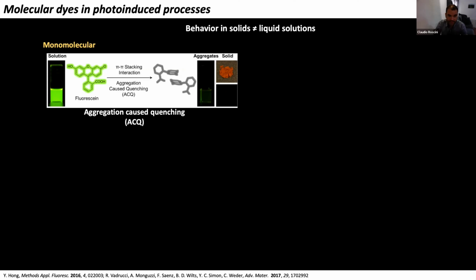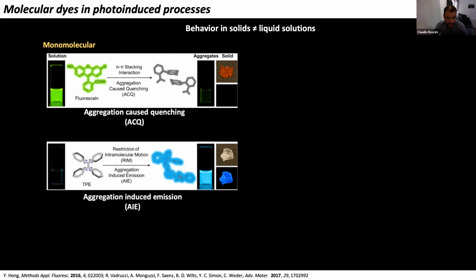A similar effect, even if in the opposite direction, is that some dyes show no fluorescence at all when they are dissolved in solution, but become very highly fluorescent in the aggregate or rigid state. So these are two examples of monomolecular photophysical processes that show that the behavior of a molecular dye can change dramatically when we go from the solid to the liquid state, or vice versa.